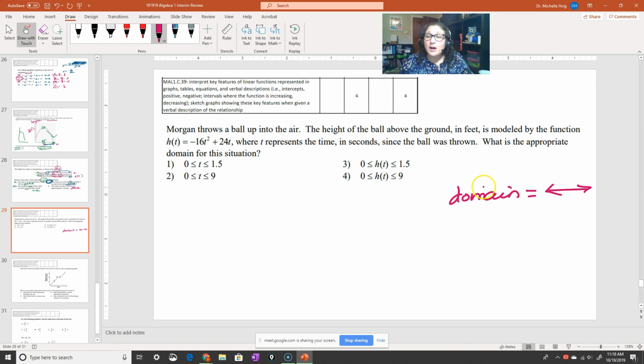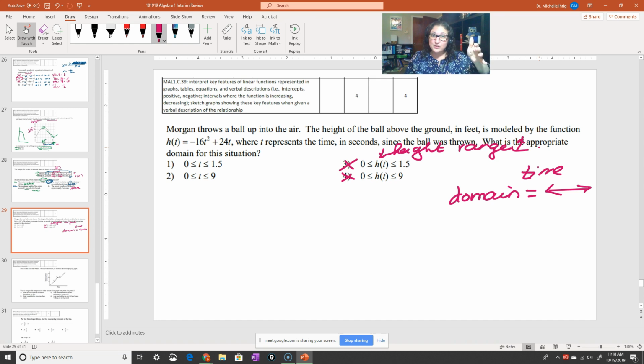So here, our domain is going to have to be time, because we can kind of pick what the time is. The range, we don't have any control over. So technically speaking, right now, I can eliminate 3 and 4 because the h of t represents the height, which is the range, which is the up and down. So right away, I can eliminate choices 3 and 4.